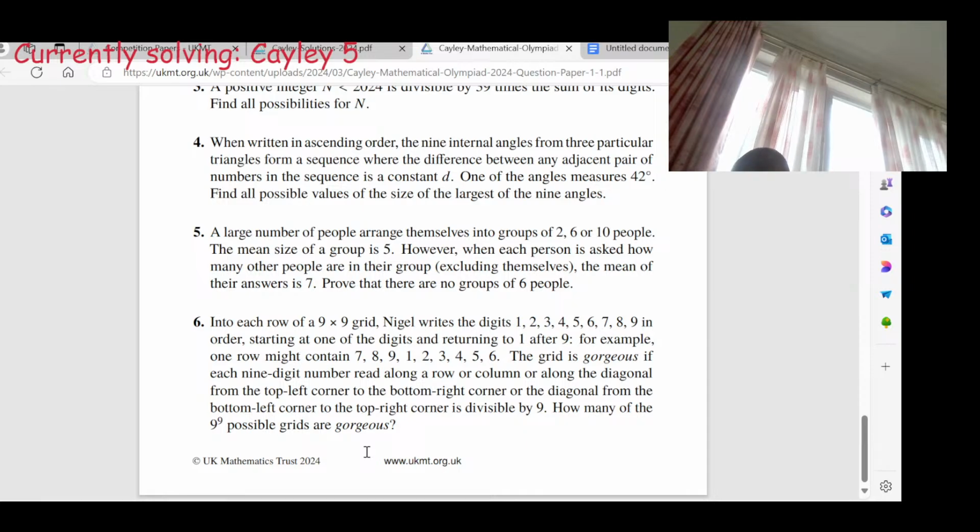What is it? Okay, so 48x equals 80z, 3x equals 5z, so y equals 0.